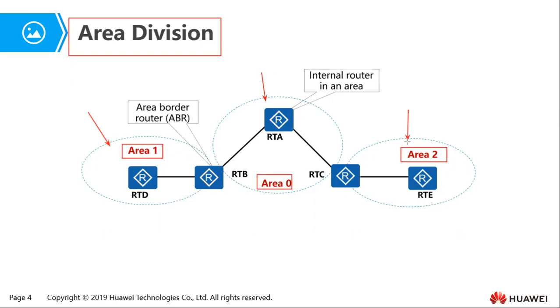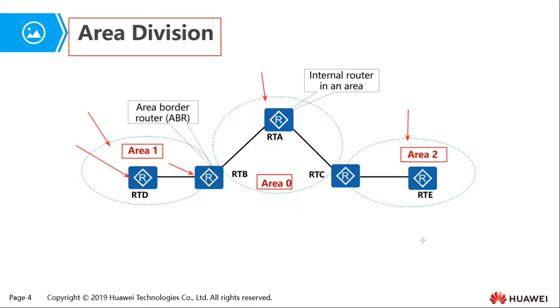So in order to ensure that the LSDB is not so huge, we put routers in different areas. So if this link, for example, goes down, or anything goes down within this area, then only routers in that area will recalculate, and not all the routers within your network. So that's why we do the division.